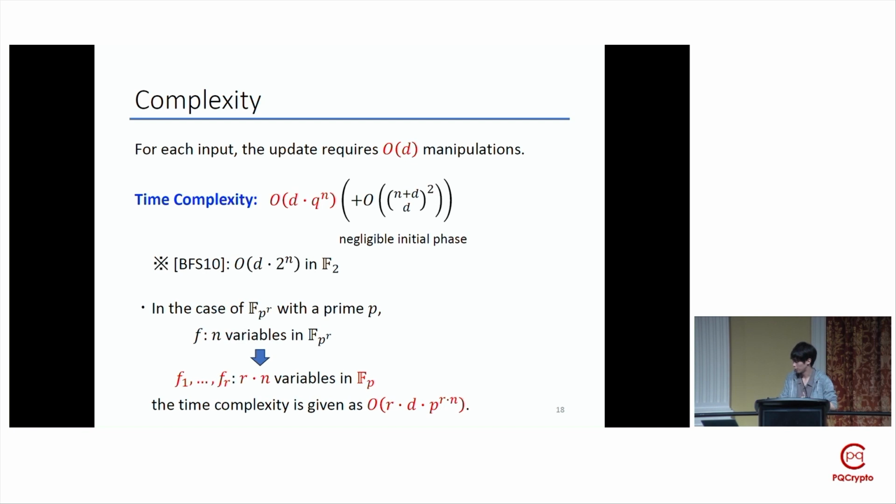And so by applying our proposed algorithm on each f1 to fr, we can enumerate all the outputs of the original polynomial f. Then the time complexity is given as order r times d times p to the r times n.